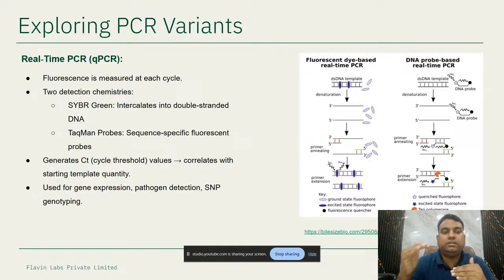It correlates to the starting template quantity. It is used for gene expression analysis, pathogen detection, SNP genotyping. It was widely used for detection of the amount of COVID virus present in your system at the time of COVID. Every doctor was suggesting RT-PCR to detect whether you are highly contagious or less contagious.